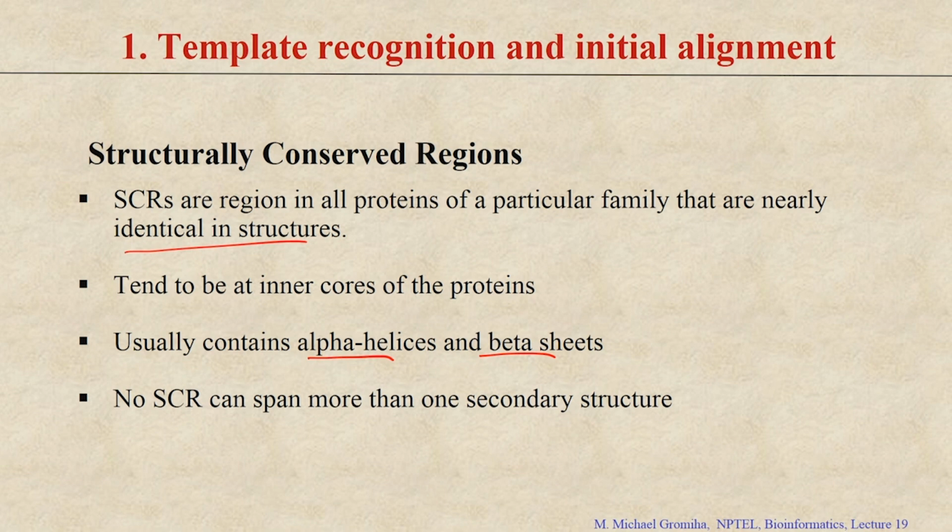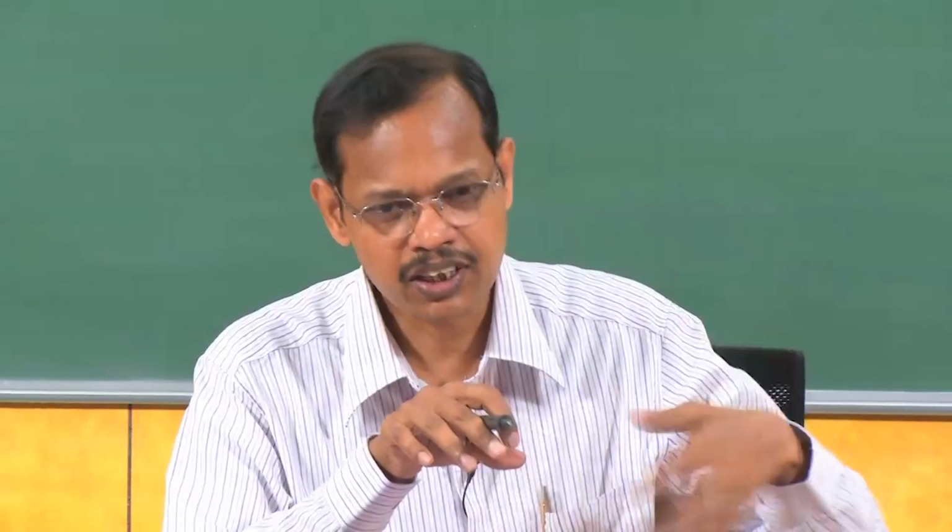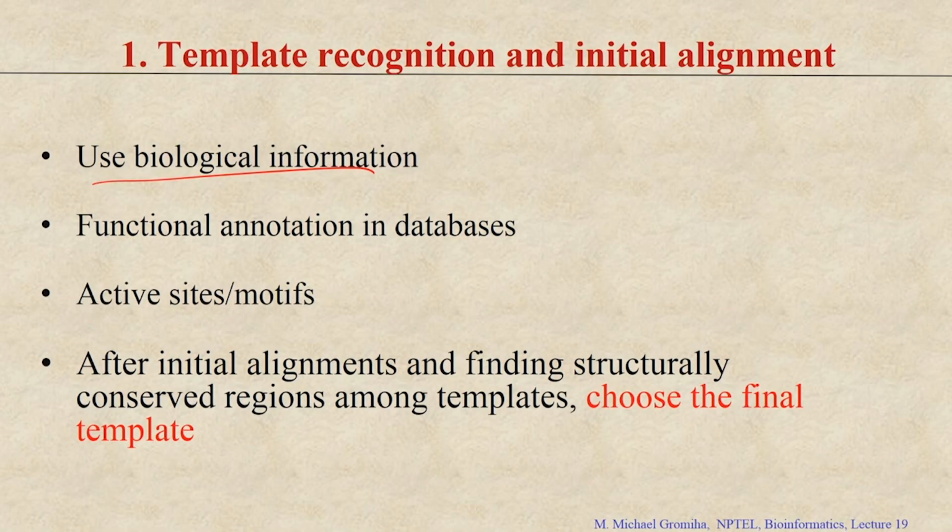So, look into these details, and also the location of these residues in the conserved regions, because we know the structures, we need to take into consideration all these aspects. Then we use the biological information and the known functional annotation, because in several databases you can see the residues' different functions, other active sites or motifs and so on. Using all this information, finally you can choose the template.